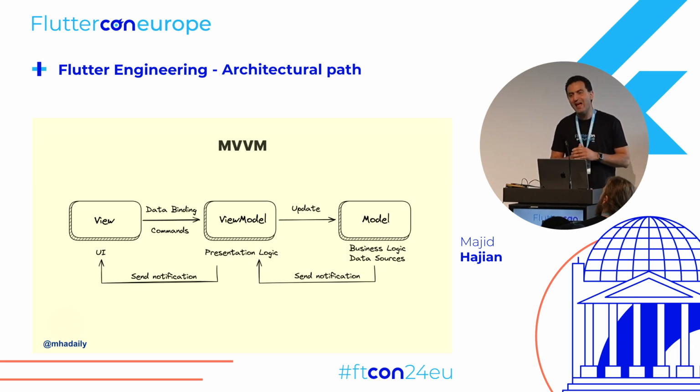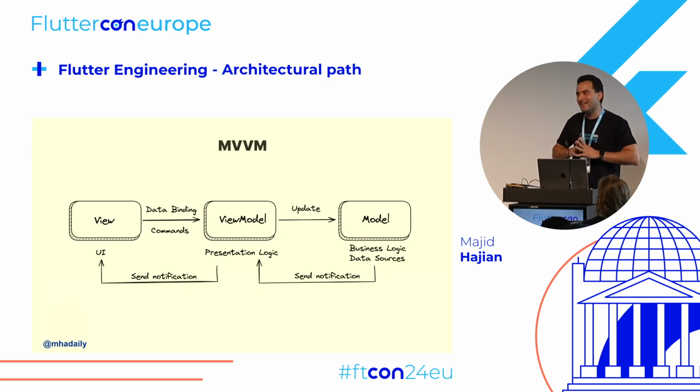So now, we talked about one style. We talked about the layers, the pieces, and how it works. Let's talk about one of the patterns. MVVM is pretty popular. You have the concept of a view model, and you know the model deals with the data and the view is the presentation.